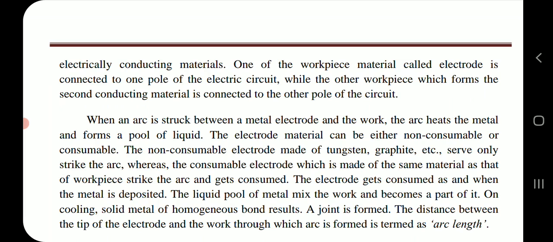The liquid pool of metal wets the work and becomes a part of it. On cooling, a solid metal of homogeneous bond results. A joint is formed. The distance between the tip of the electrode and the work through which the arc is formed is termed arc length.